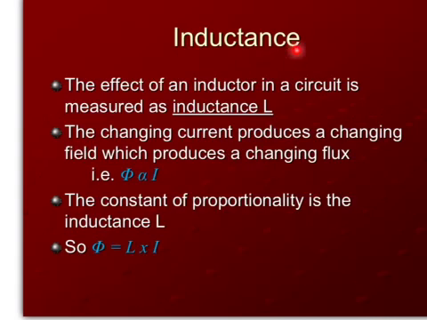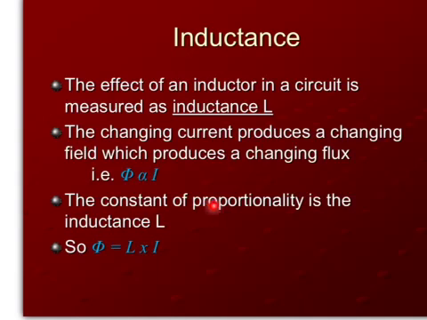Inductance. The effect of an inductor in the circuit is measured as inductance, L. The changing current produces a changing field, which produces a changing flux. Phi is flux. So flux is proportional to current.